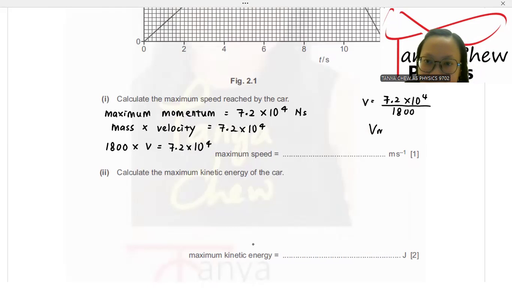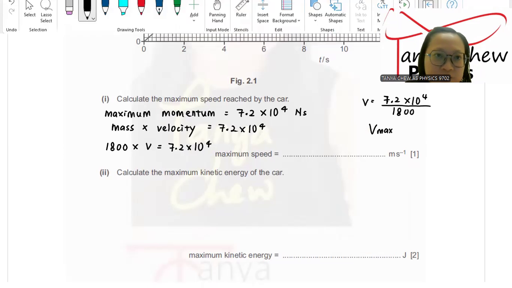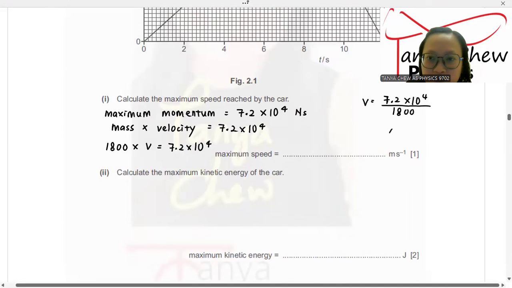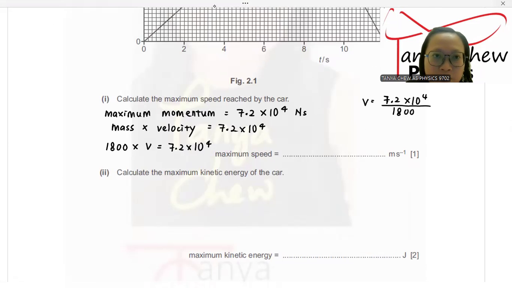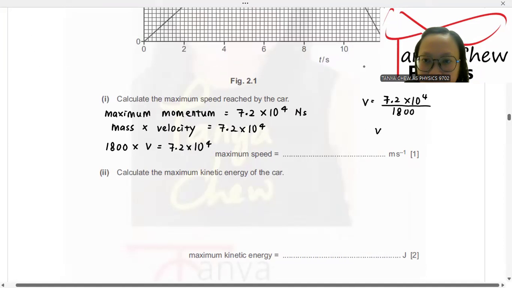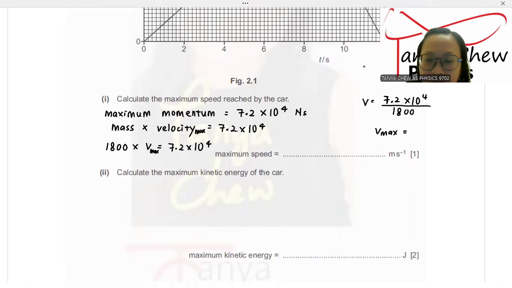So v maximum, I mean the maximum speed, it has to be small letter v. This is maximum. Now v max is given as 40 meter per second. So the answer is 40 meter per second.